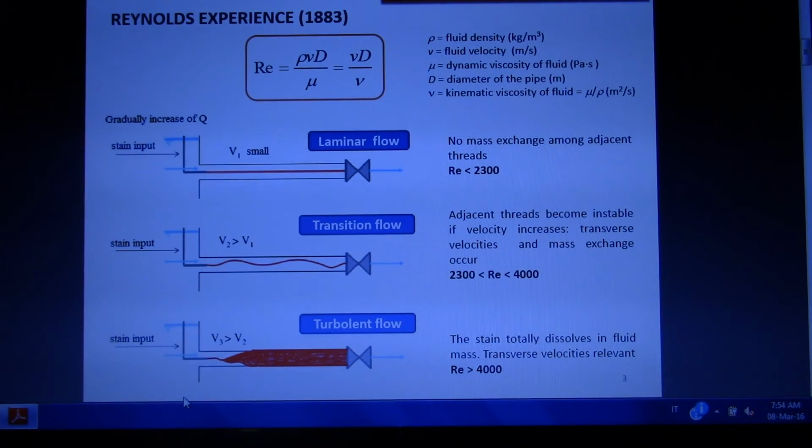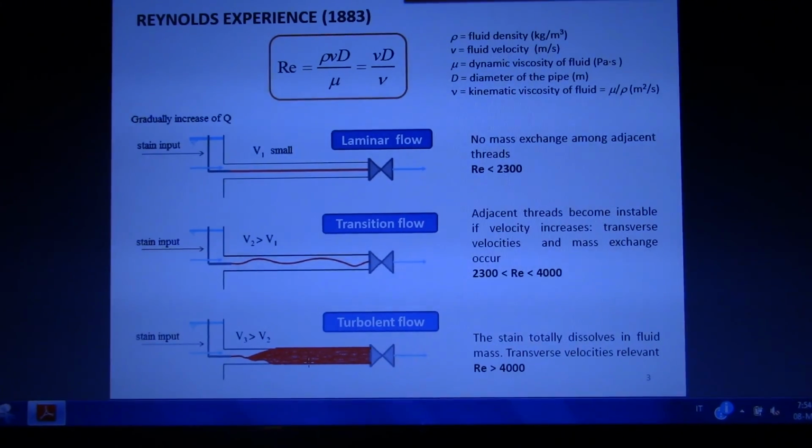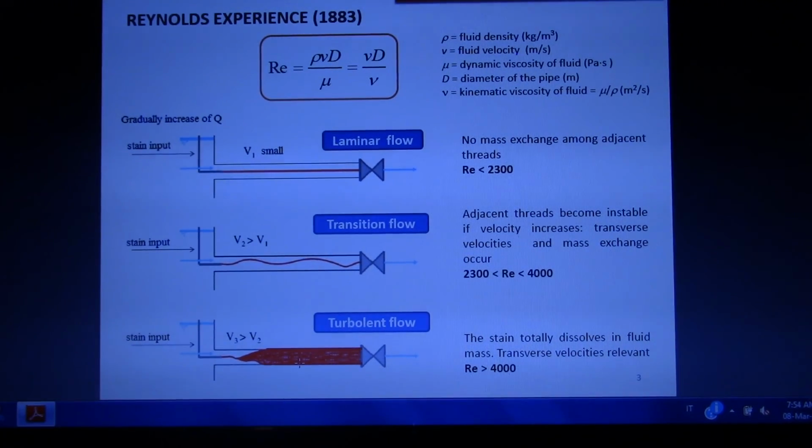Finally, he increased again the velocity of the stain, and he observed that for higher velocity, the stain totally dissolved in the fluid mass, and the transverse velocities became irrelevant. So this was the case described by the turbulent flow.